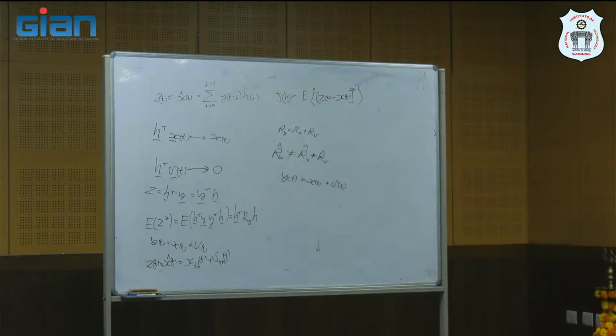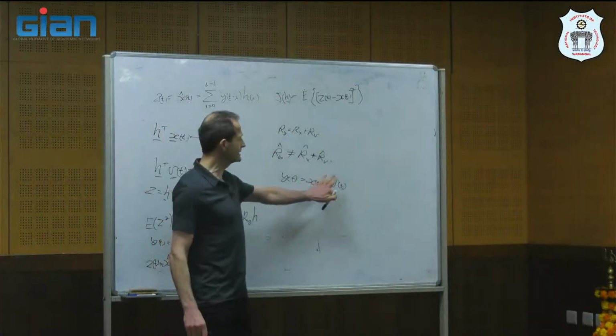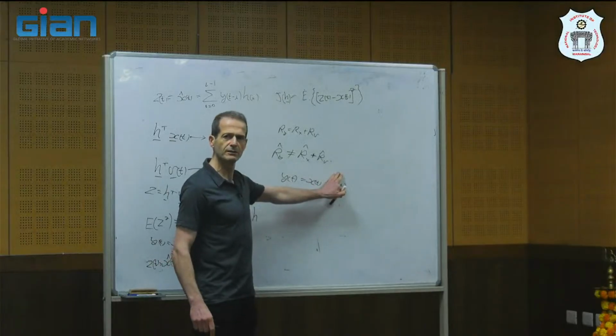But here, it's 1 over 1 plus the input SNR. So you can compute it. And what we can see is that for the Wiener filter, if the input SNR goes to infinity, the Wiener filter goes to the identity filter, which is interesting. Because if the input SNR goes to infinity, it means that the noise is negligible.